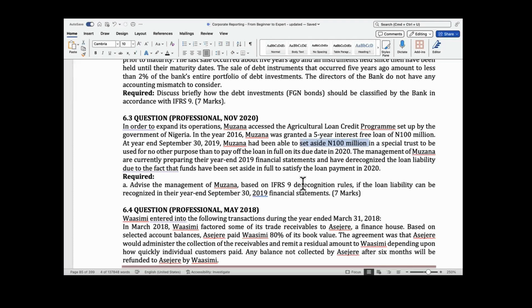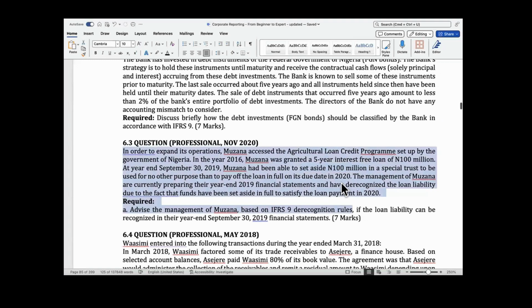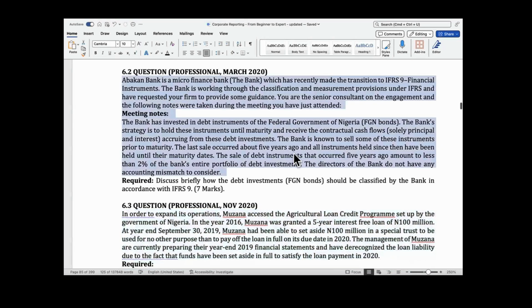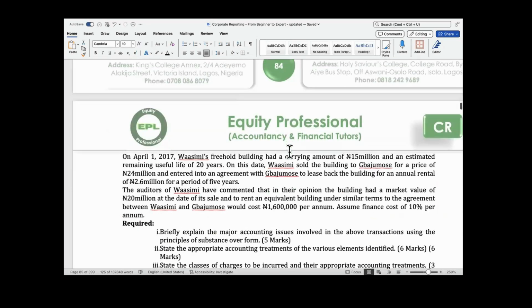So for that reason, he should continue to recognize this 100 million in his books as a financial liability because it hasn't met the derecognition criteria. It has not been extinguished. Okay? So these are the type of questions you might find in the exam. We cannot look at this one, I've not taught you measurement.